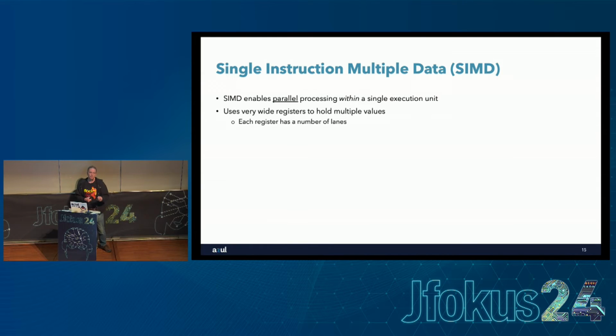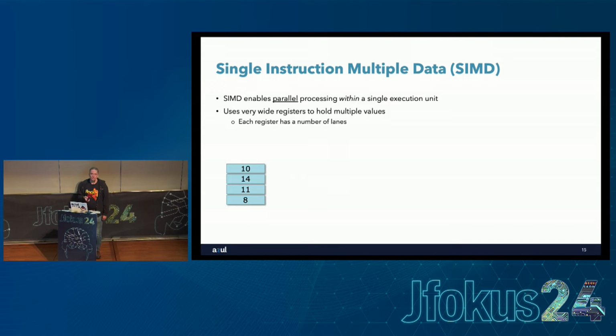For single instruction multiple data, we're going to have registers that are potentially much bigger than that. The idea being that we can store multiple values into that register at the same time. How many of those we can store is what we call the number of lanes associated with that register.